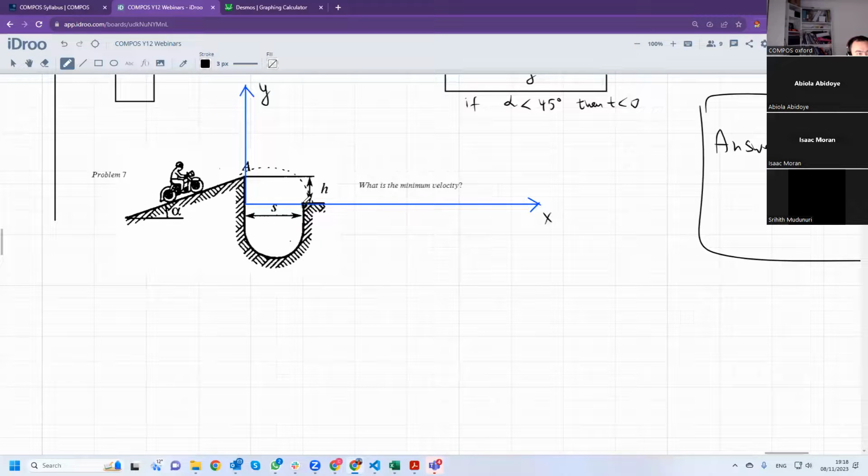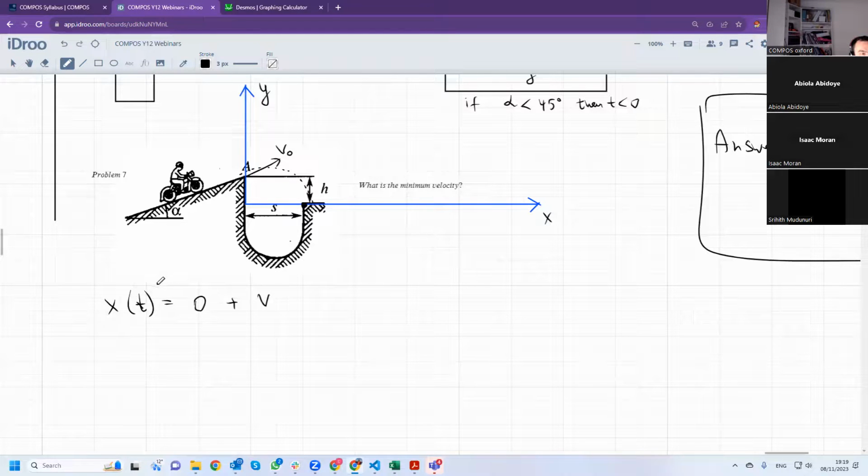So you want to end up at this point, and you have the initial velocity V, let's call it V0, angle alpha. So we start with the X position, X of t. So the initial coordinate is 0 plus initial velocity.